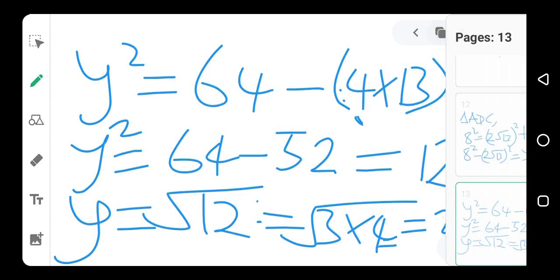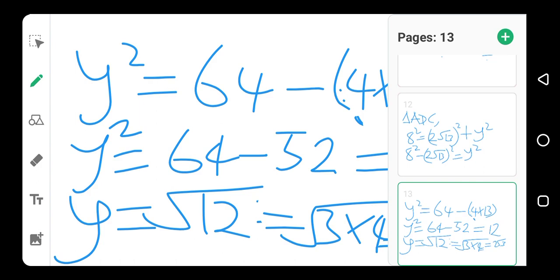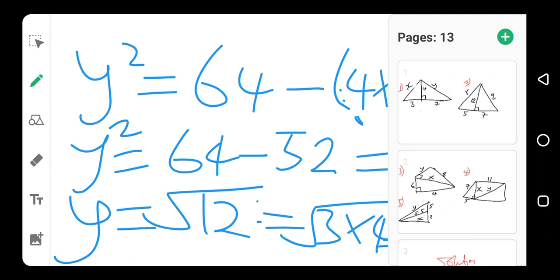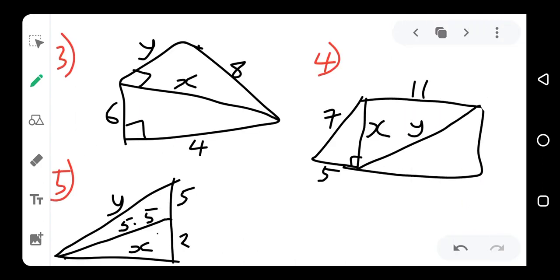Now we have another one. We have number 4. Number 4 is this structure. Okay, let me look at it very well. Now let me draw it.